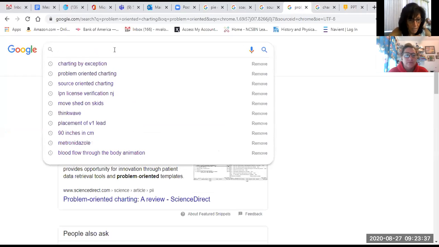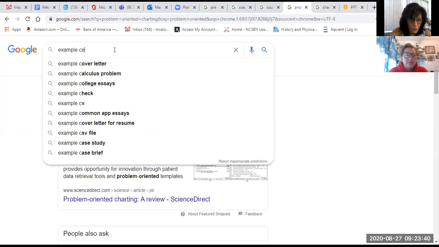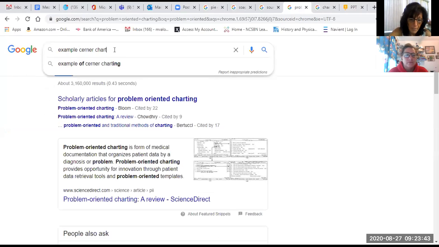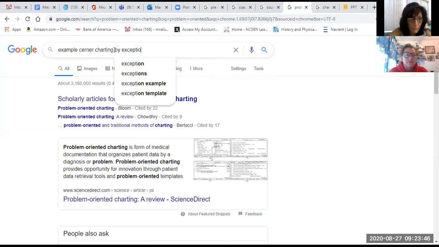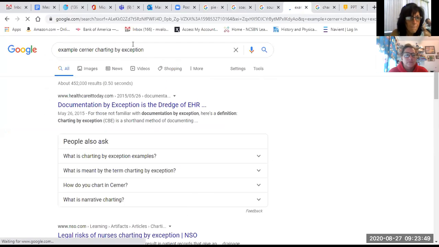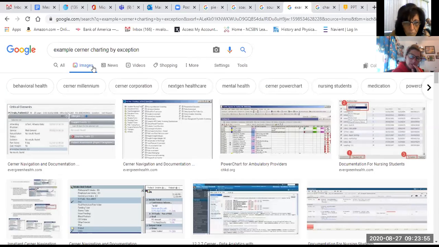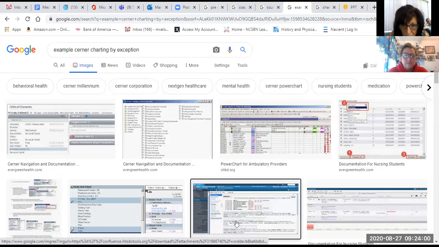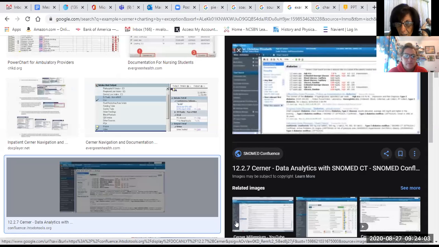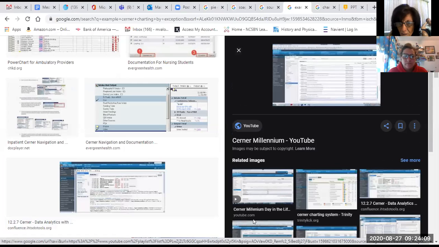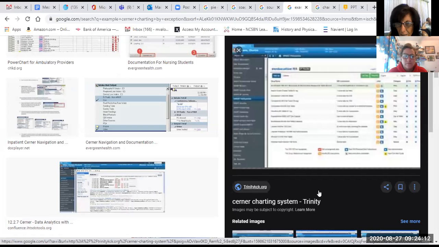Here, let's try this. Example of Cerner charting by exception. That's the analytics. What's this? No. Yeah, that's actually a picture of it.